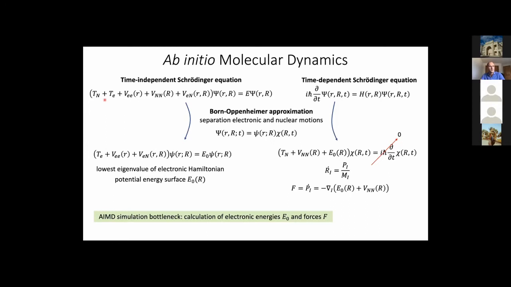Here on the left, we have the kinetic energy of nuclei, kinetic energy of electrons, interaction of electrons, potential energy of the interaction of the nuclei, and the interaction of electrons with the nuclei.